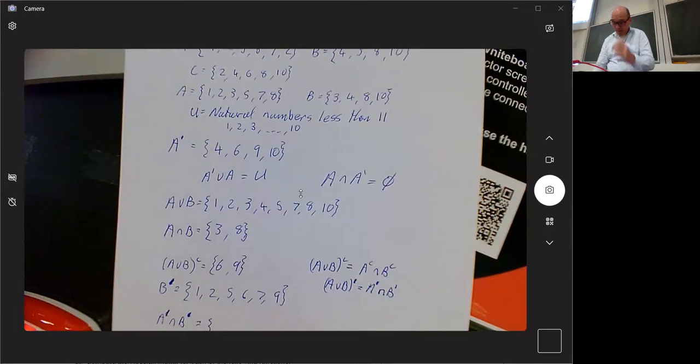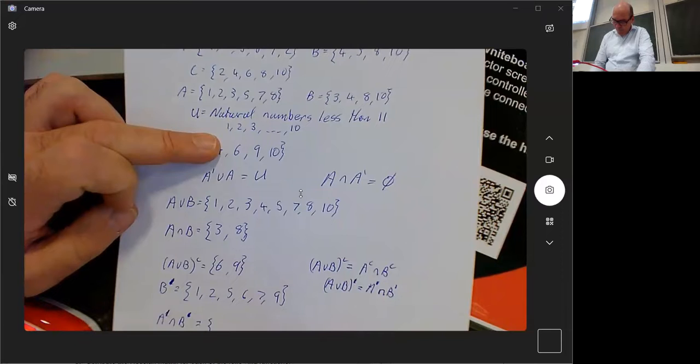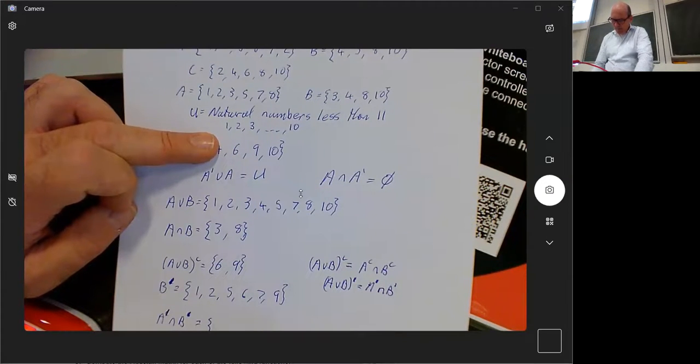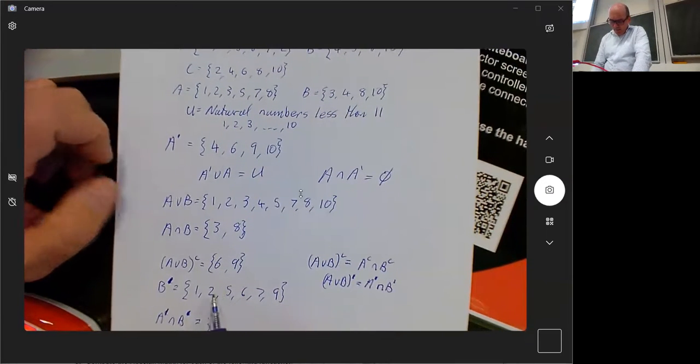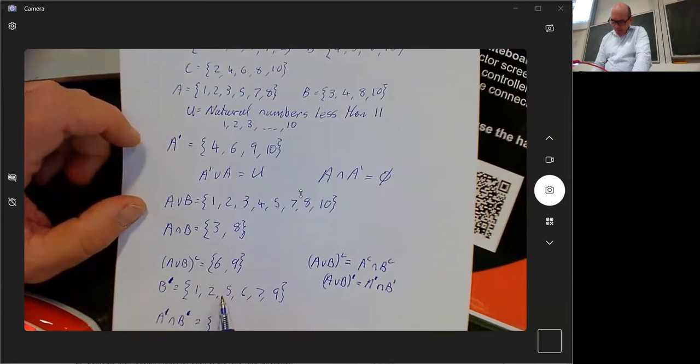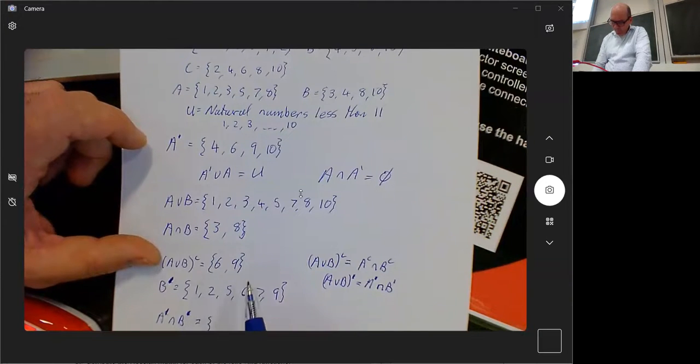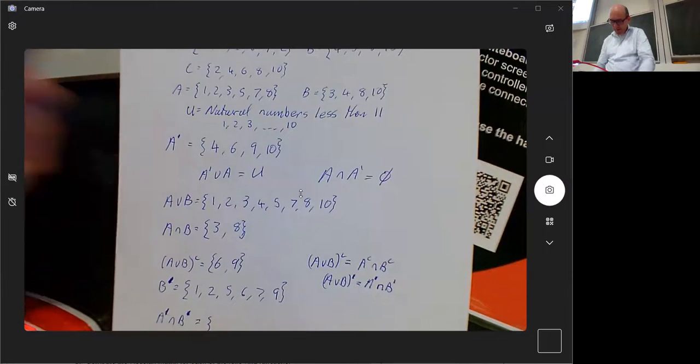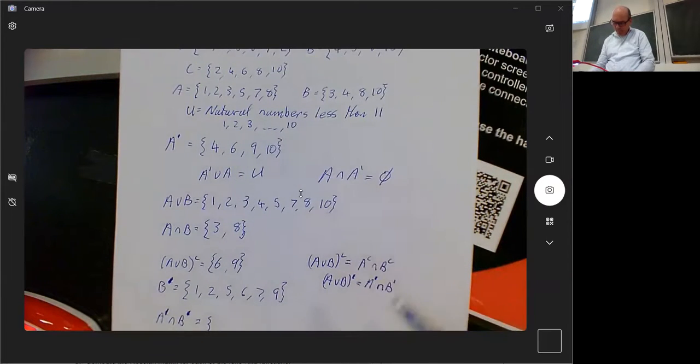Have I made a mistake? Did I make a mistake with B complement? No, 3 is there. Oh, it needs to be in both.